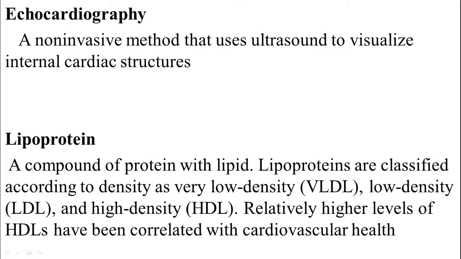And when we had results of lipoprotein analysis, the relatively higher levels of HDLs have been correlated with cardiovascular health. So HDL is a good cholesterol, and VLDLs are very bad for the cardiovascular system.